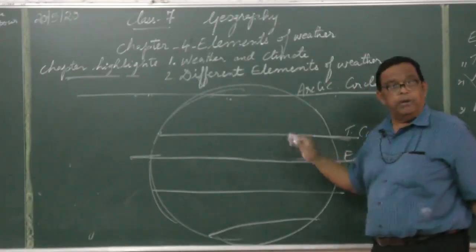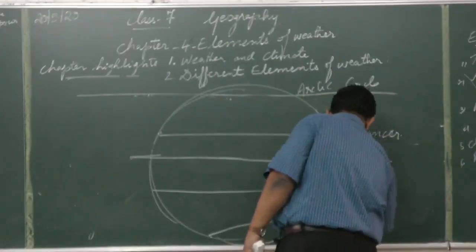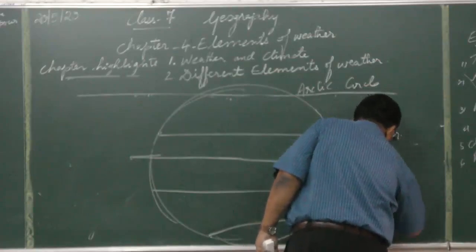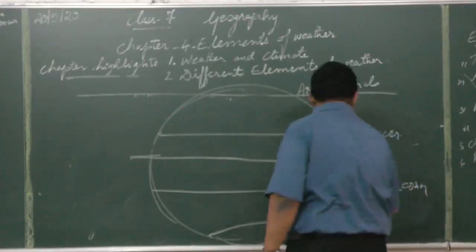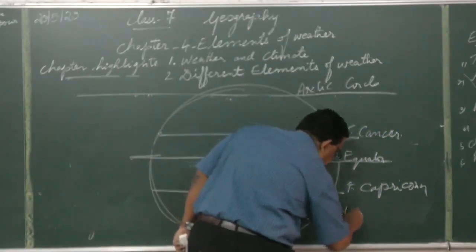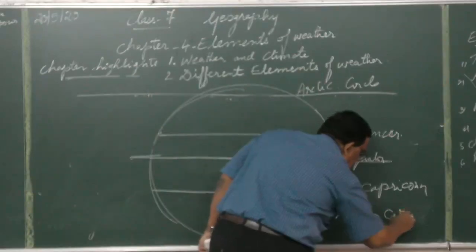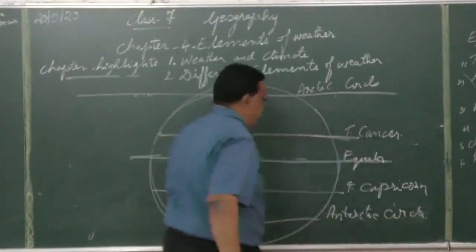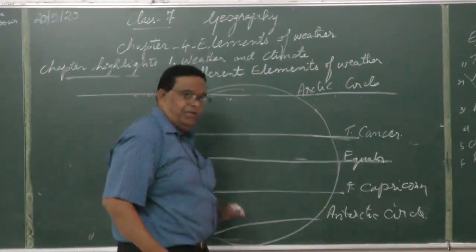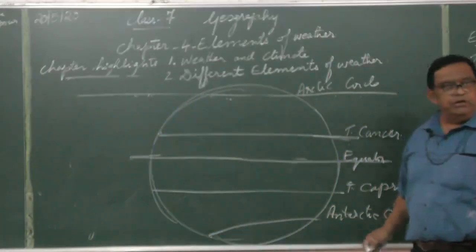This is the northern part, and in the southern, we got Tropic of Capricorn, and then Antarctic Circle. These lines of latitude have degrees, and these are the 5 important lines of latitude.